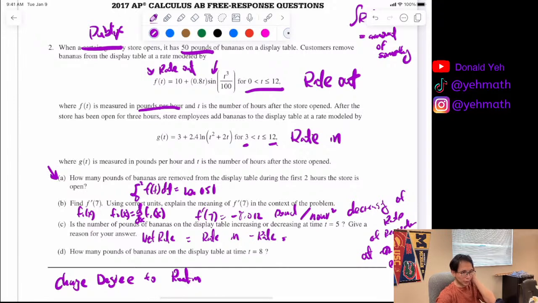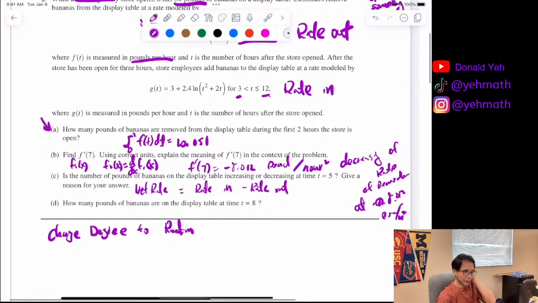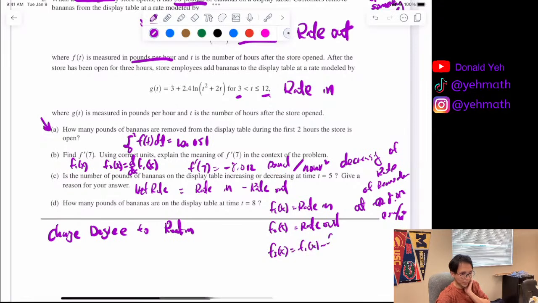So usually I will graph the rate in as f1 of x, and I'll graph f2 of x equal to rate out. And all I have to do is set f3 of x equal to f1 of x minus f2 of x. And you can do f3 of 5.